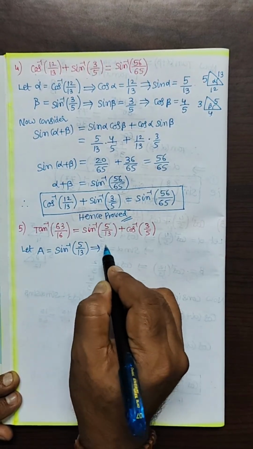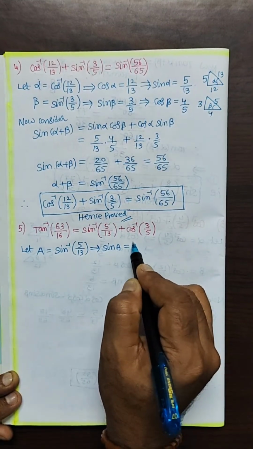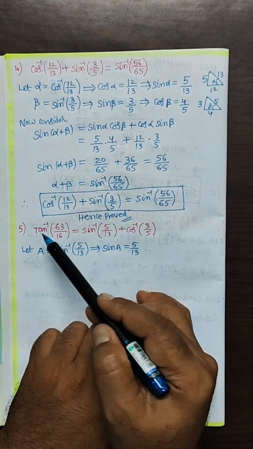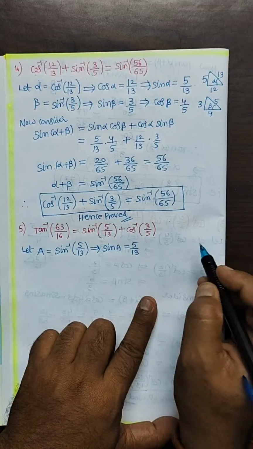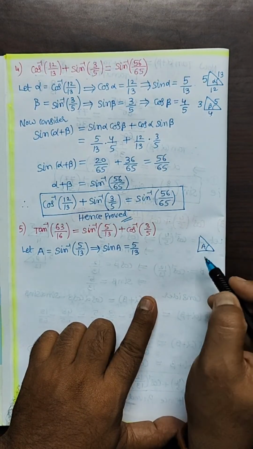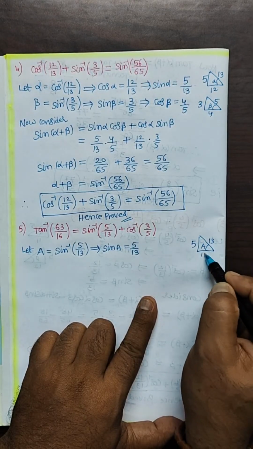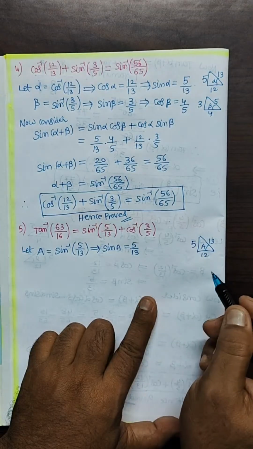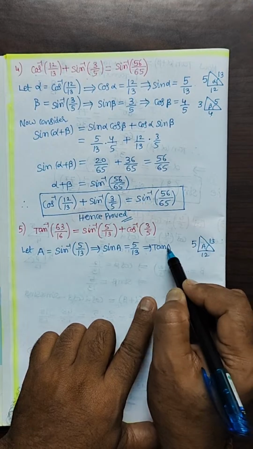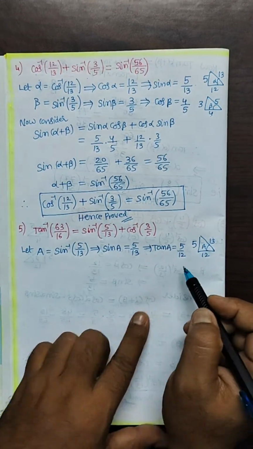That implies that sin A is equal to 5 by 13. See, from this tan we will, why? Because in LHS, tan terms are there. So, right angle triangle diagram you have to draw with angle A. So, sine definition opposite by hypotenuse. So, adjacent side will become 12 by using Pythagorean triples. So, from this tan A value equal to opposite by adjacent side, 5 by 12.